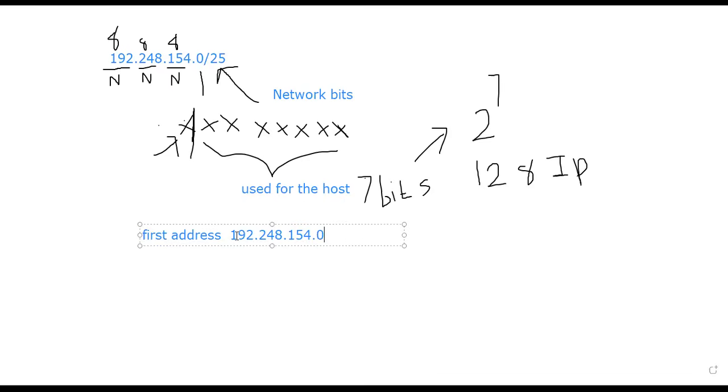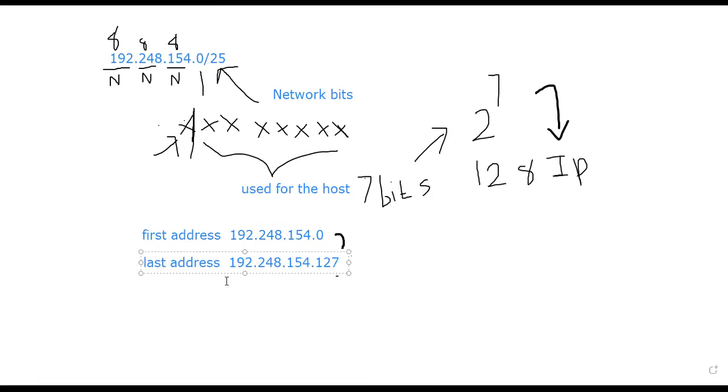And we just found how many IP addresses there are: 128. How did we find that? That is 2 to the power 7. So the last address is 192.248.154.127. If you take the count from 0 to 127, it's going to be 128.